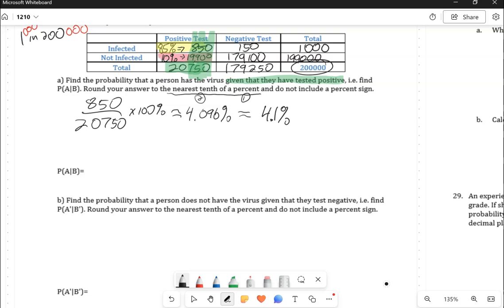Okay, so if you got a positive test result, there's only a 4% chance that you have the virus. That's crazy. But it's because of how many false positives there were. There's so many people that were not infected that we got a bunch of people that still got a positive test result.